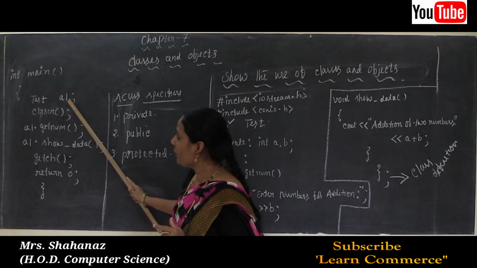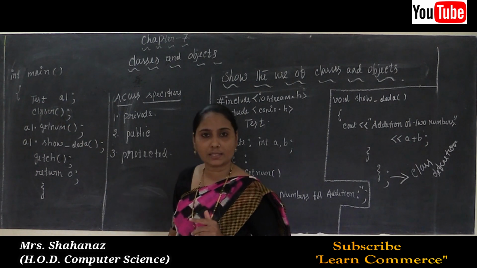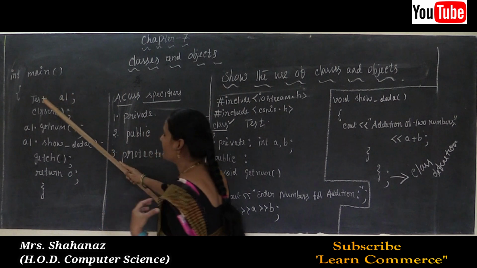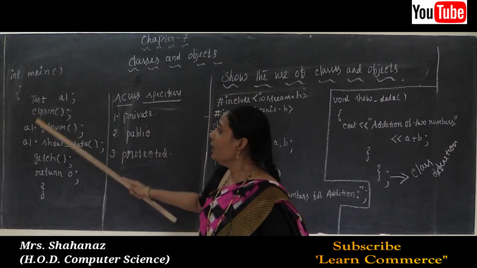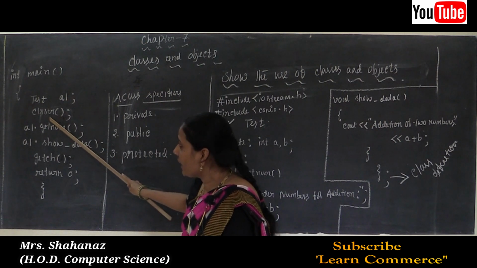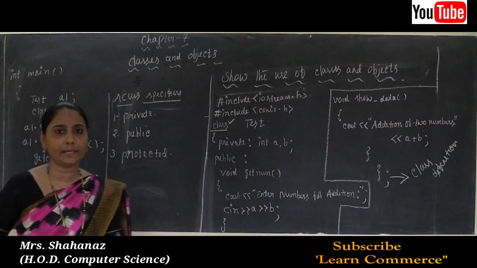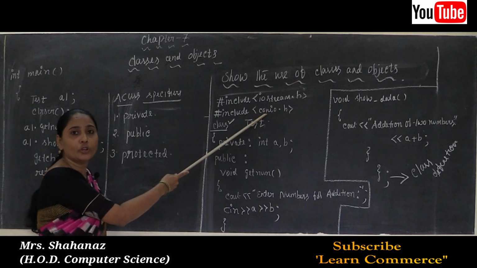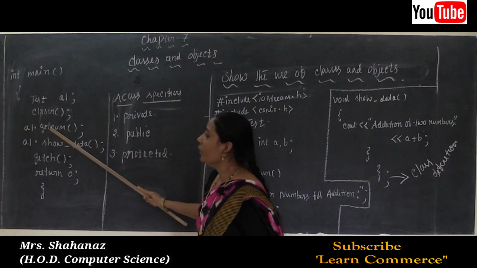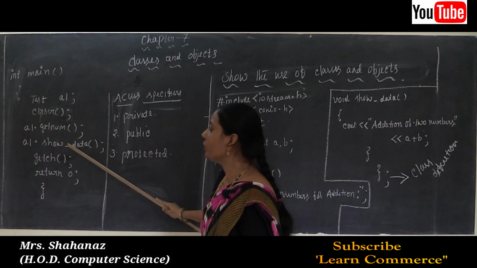Such an object name is declared by using the class name. Why? Because the class name is test, so the same class name we need to write. So test A1, A1 is the object name. For clrscr, I already wrote the header file, the header file is conio.h. And later next A1.getNum, A1.showData.